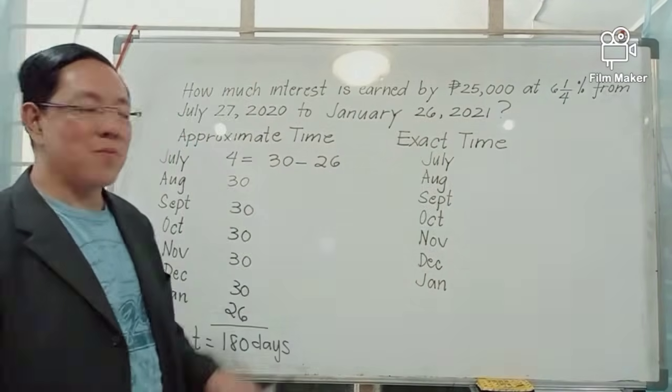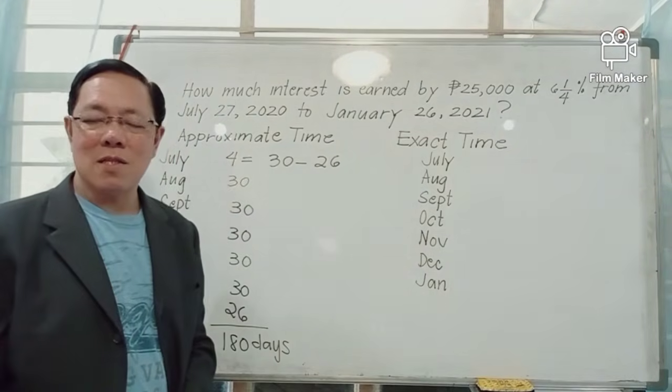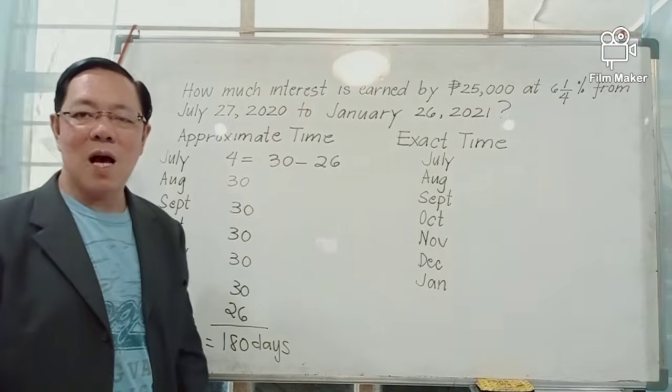The approximate number of days between these two dates is 180 days, assuming that each month of the year has 30 days.